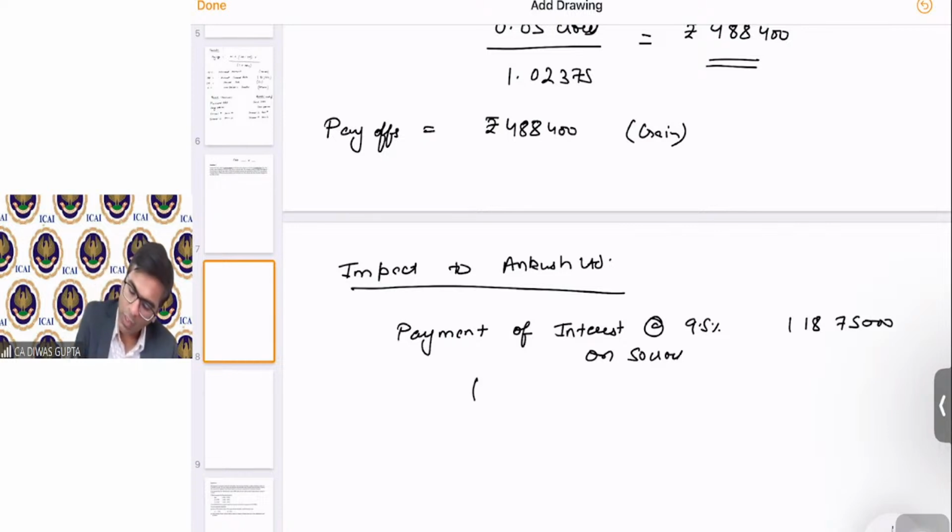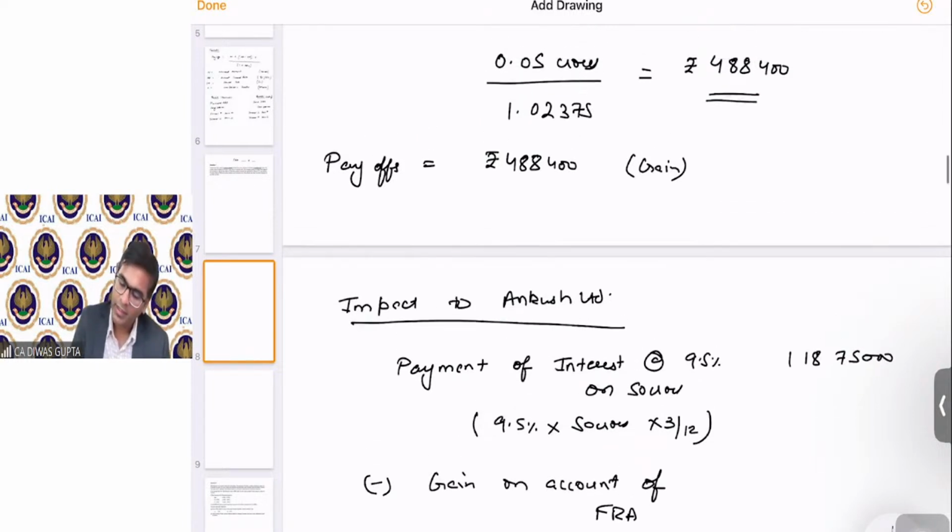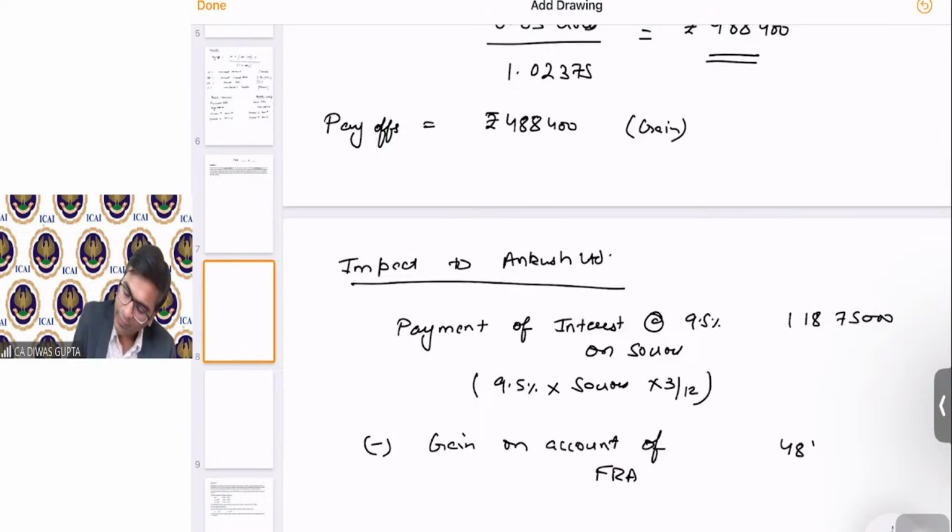Okay. So this is how much? 9.5% on 50 crores for 3 months. Correct? Minus gain on account of FRA. How much is that? 4 lakh 88,400 is the gain, students. 488,400.